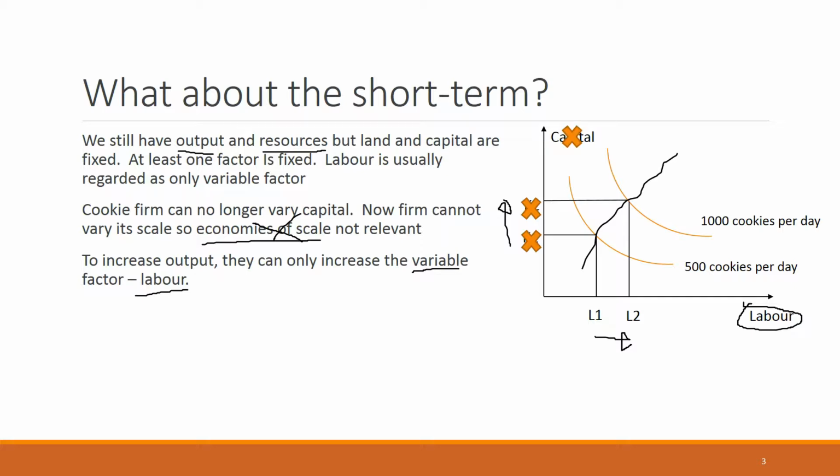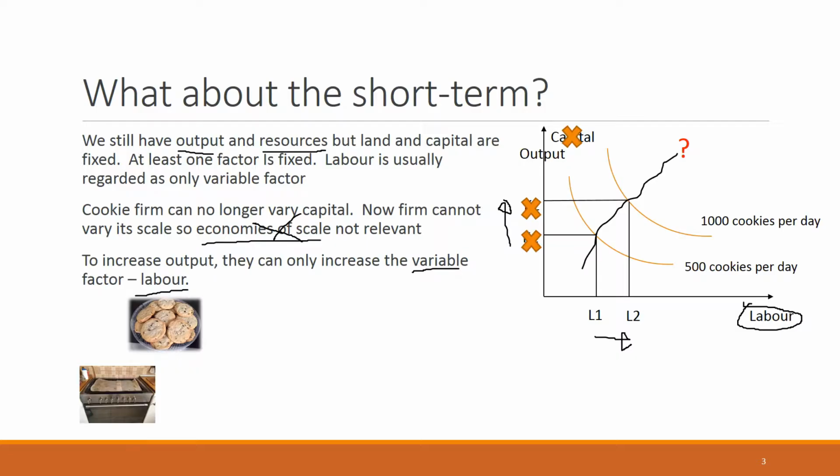So we're going to remove capital and replace it with a new variable, which will be output, in other words, total product. So we're going to have now a short-term relationship defined in space where we have labor on the x-axis and output on the y-axis, because we cannot vary capital nor can we vary land.